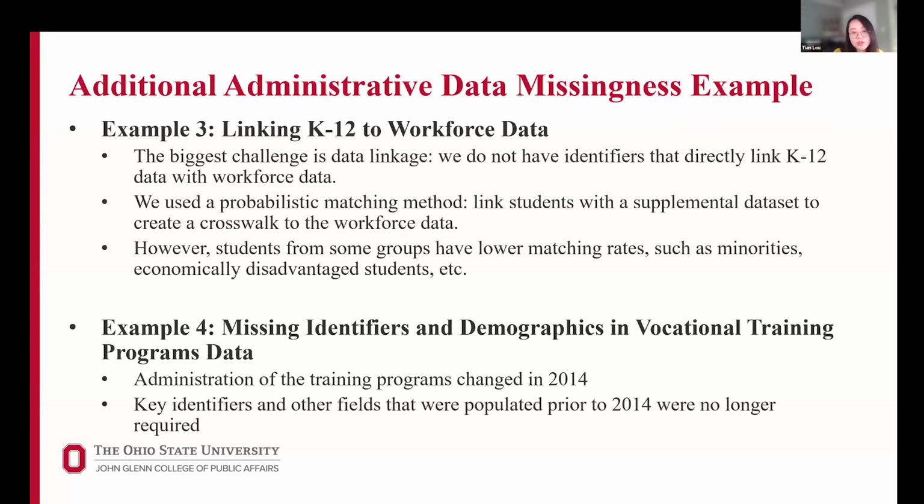However, administration of the vocational training programs changed in 2014, and some of those key identifiers and some fields were no longer required. So the administration no longer requires participants to report the key identifiers and other fields. While there has been an improvement over time in recent years, those missing data are very hard to recover.